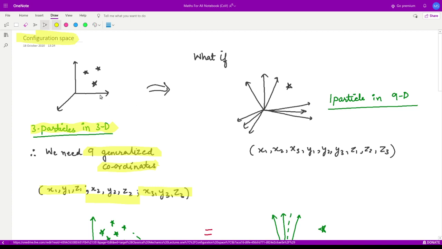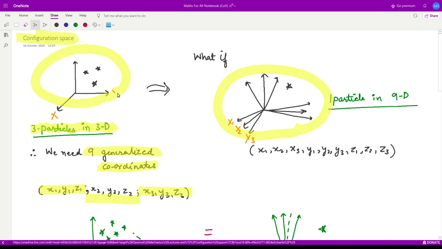Now, what if I represent this same system as a different system? Instead of taking one x-axis, I take 3 x-axes, say x1, x2 and x3.